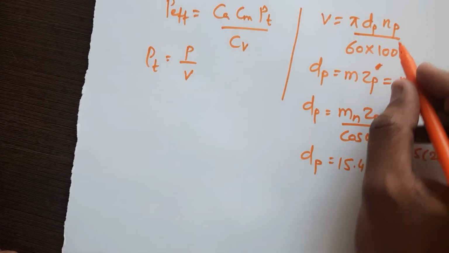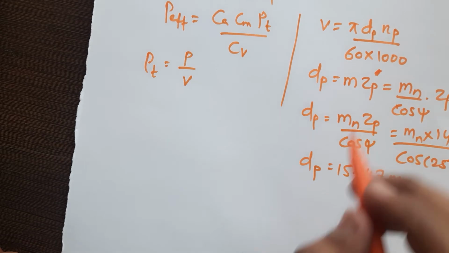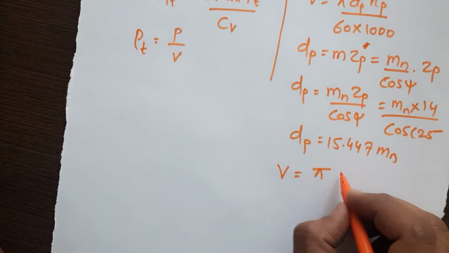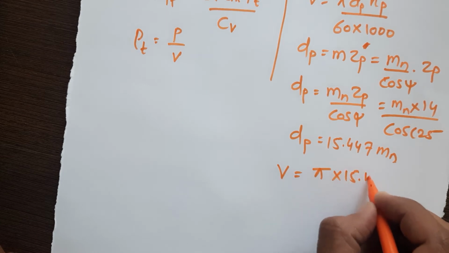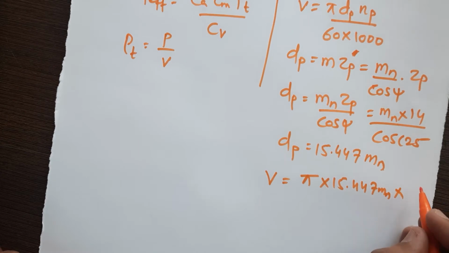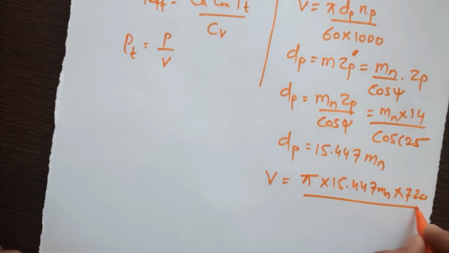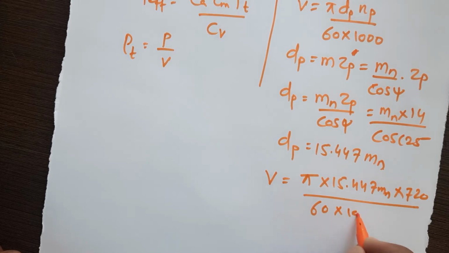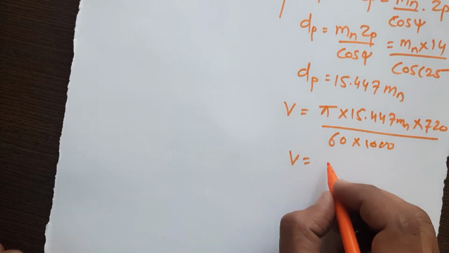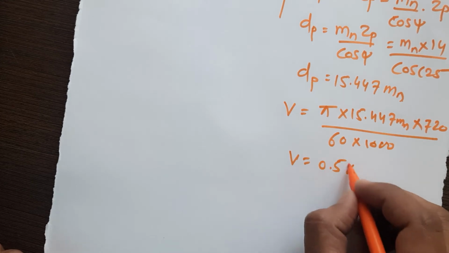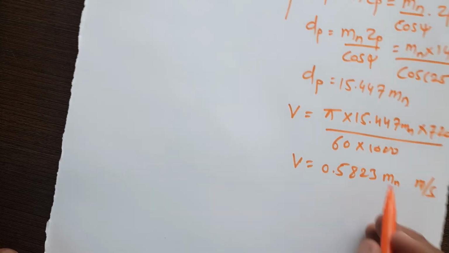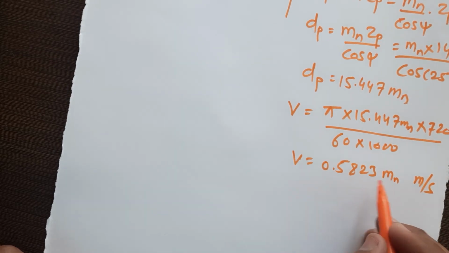Now if you substitute this value of dp in the formula of v, you will get v is equal to pi into 15.447 mn into np, which is 720, divided by 60 into 1000. So if you solve it, you will get velocity as 0.5823 mn meter per second, in terms of normal module.